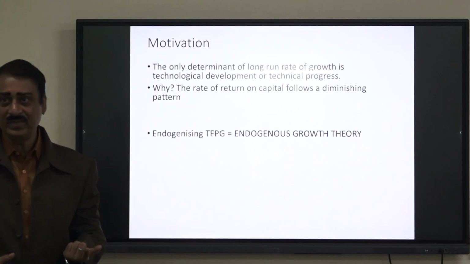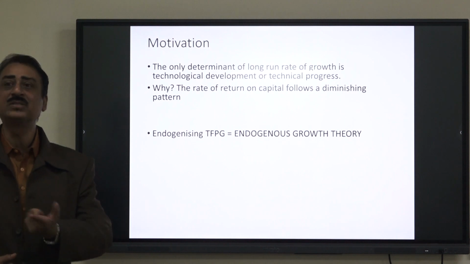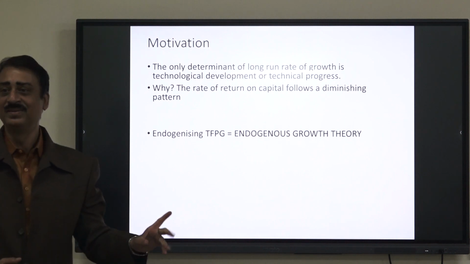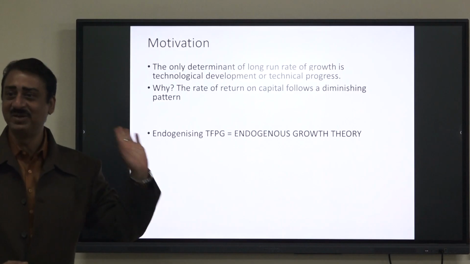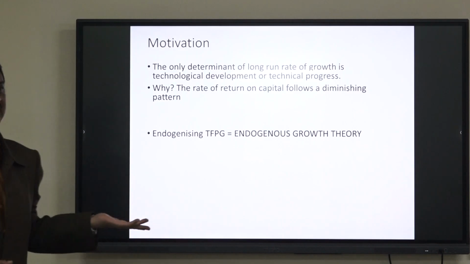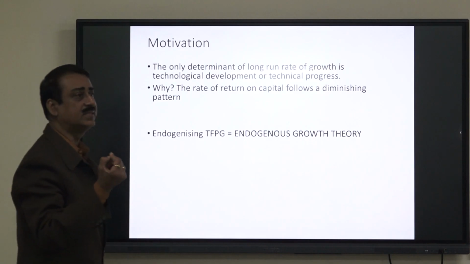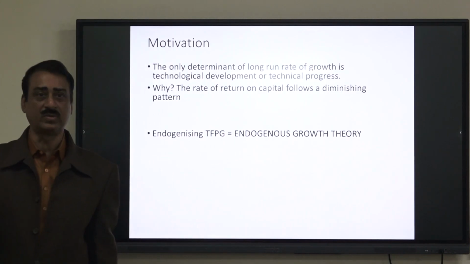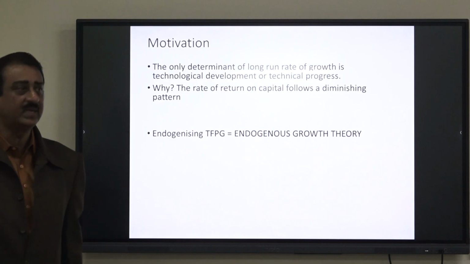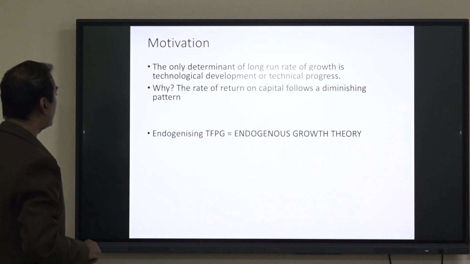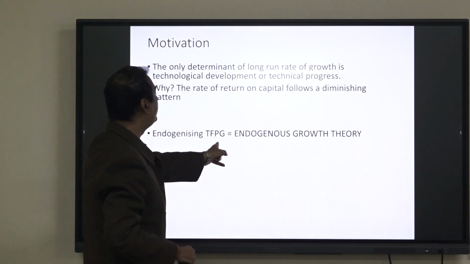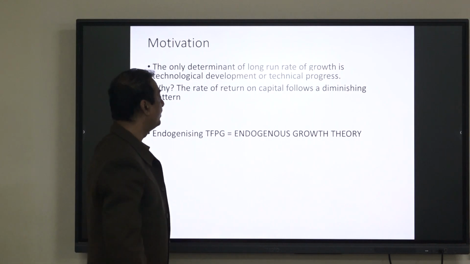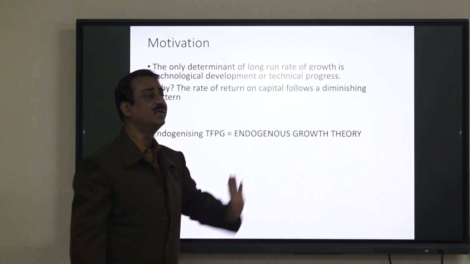Because I argued right in the beginning that economic growth cannot be the right indicator. Our media is flashing economic growth maximization, but that's not the right criteria. The right criteria is total factor productivity growth. So what are the determinants of total factor productivity growth should be the key question. That is why we say endogenizing total factor productivity growth is the same as endogenizing growth theory.